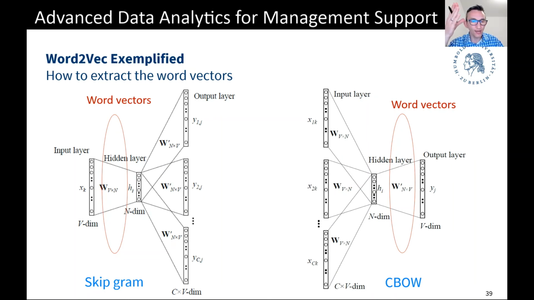Whereas in skipgram, it's the input layer where there is the single input word, and so the weight matrix between the input layer and the hidden layer is preferred as embedding matrix.